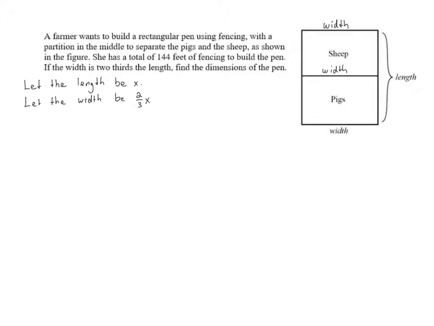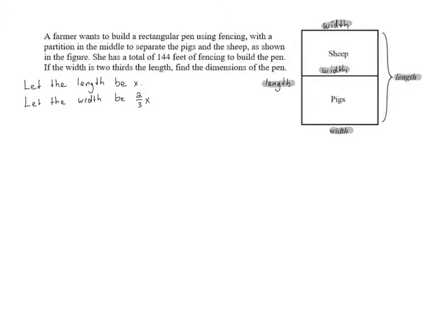And then if we look at the length from top to bottom on the right-hand side, it's going to be the same as the length on the left-hand side. Now, if we were dealing with a perimeter problem, we know that the perimeter is twice the length plus twice the width. But in this case, we also have that partition. So if we look at the amount of fencing used, we do have two sides that are the length, and we have two sides that are the width, but also that partition in the middle also has a distance equal to the width.